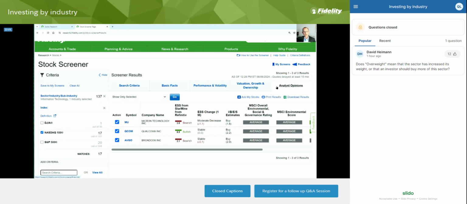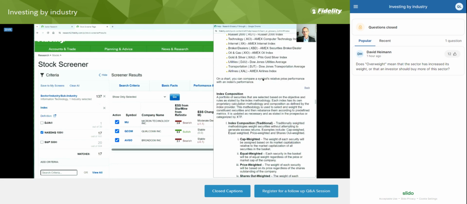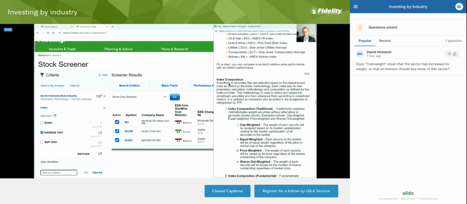For the moment, I'm simply going to come over here to the left-hand side, right here under definition. If you would like to see more information about any one of the columns present here, you can simply click on definition and you'll be brought to our glossary, which will give you an explanation for any one of those characteristics.